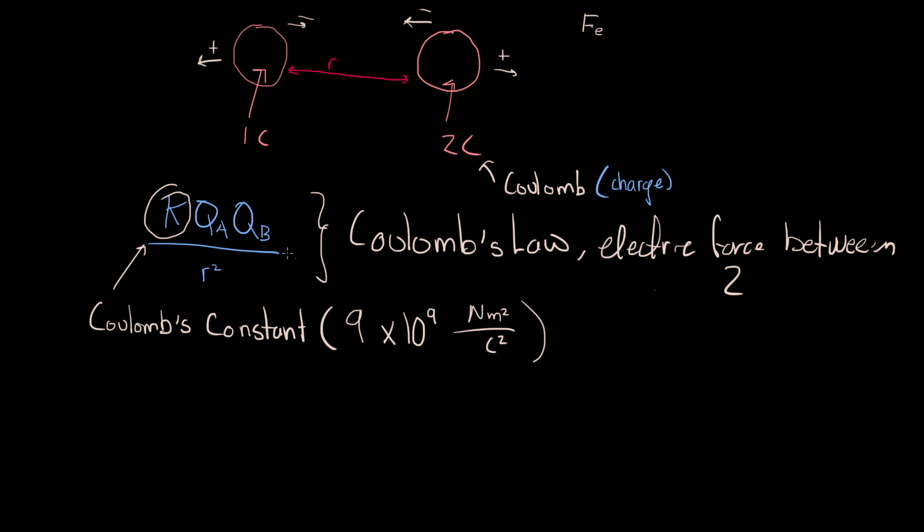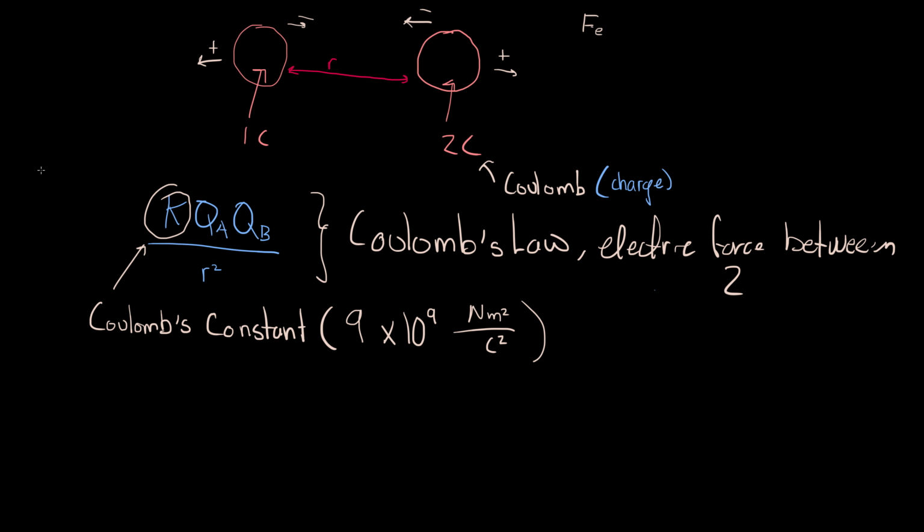And that's because you can sort of do the dimensional analysis and see why this should be this way, because this charge here will be measured in coulombs, this charge here will be measured in coulombs, this will be measured in meters. So with that, let's do a quick problem.